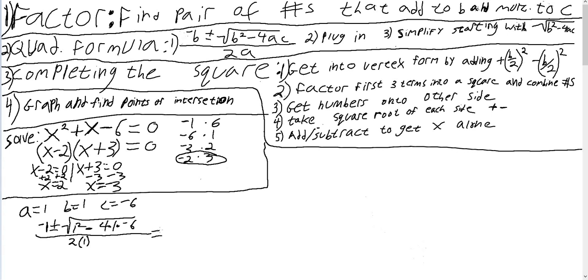We simplify starting with, don't skip steps here, that's a very common mistake and that's going to mess you up. We're going to start simplifying by dealing with what's in the radical, step by step. 1 squared is 1, 4 times 1 times negative 6 is negative 24.